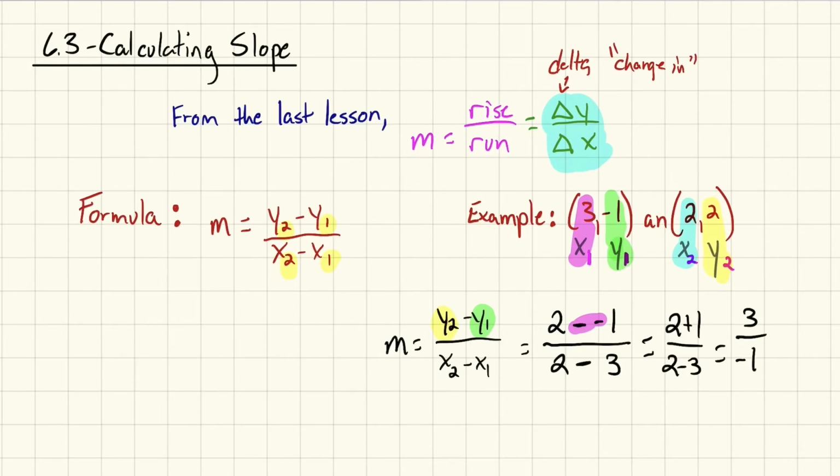So my slope is negative 3. Now, just as a quick side note, we did talk last section about how rise over run, we are going to call that our up and down motion over our right motion.